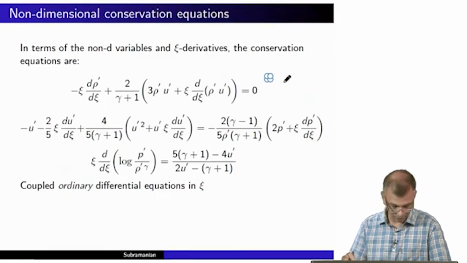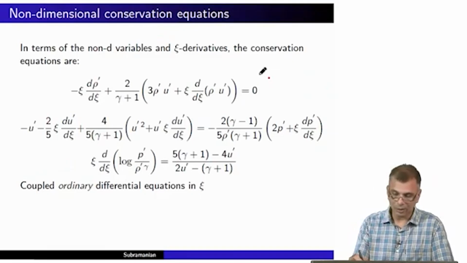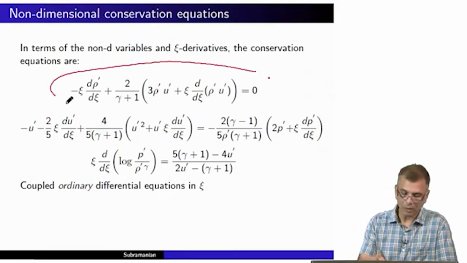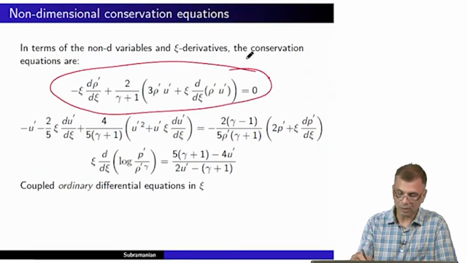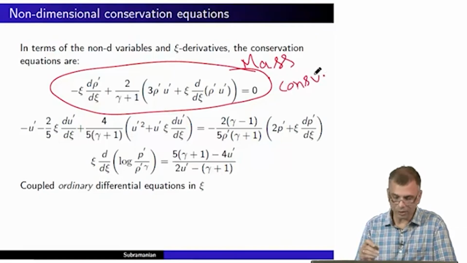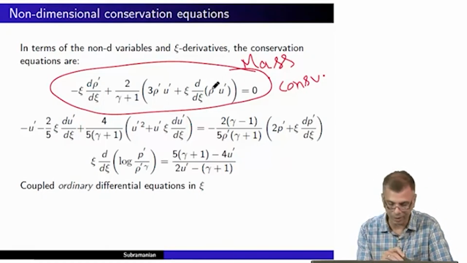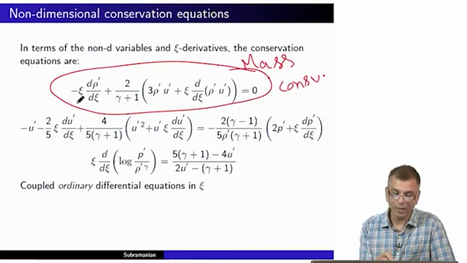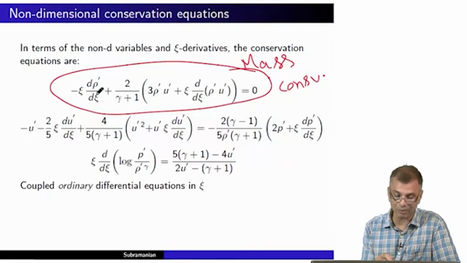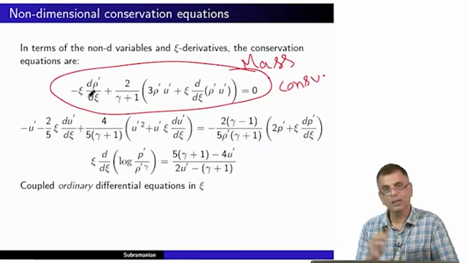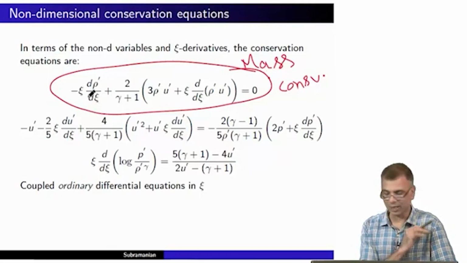Okay, so this is mass conservation in terms of rho prime and u prime, and the partial derivatives with respect to time and space have disappeared, and they are replaced by straight derivatives with respect to the non-dimensional variable psi.